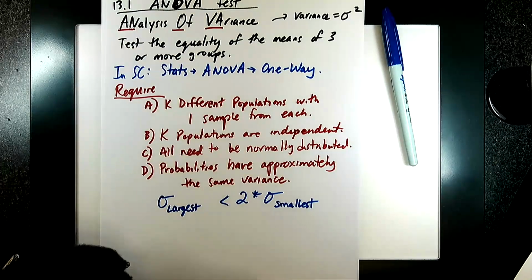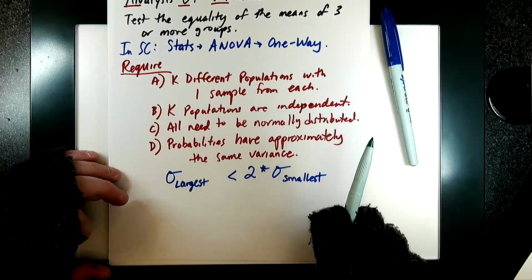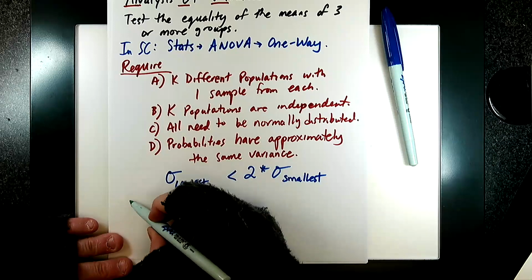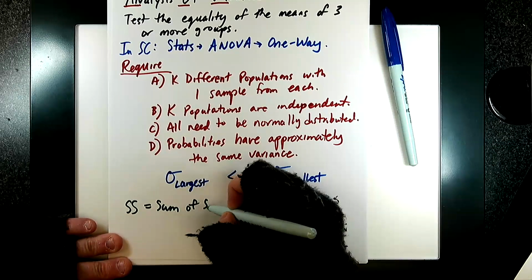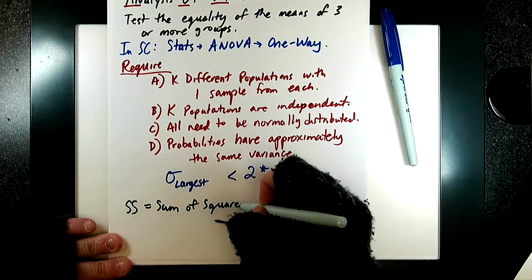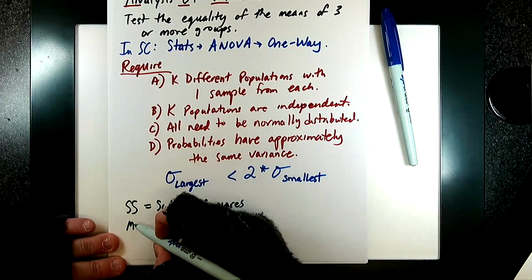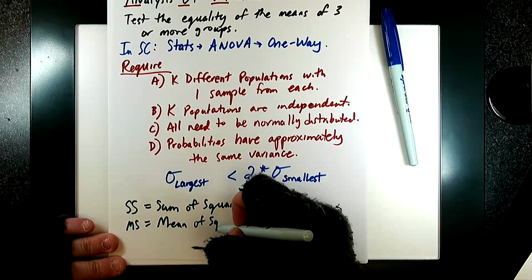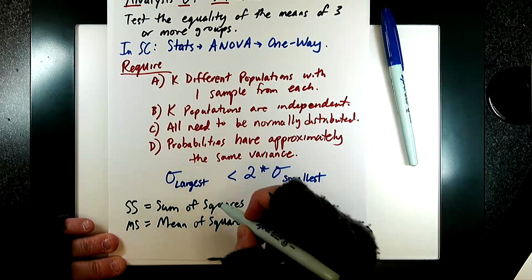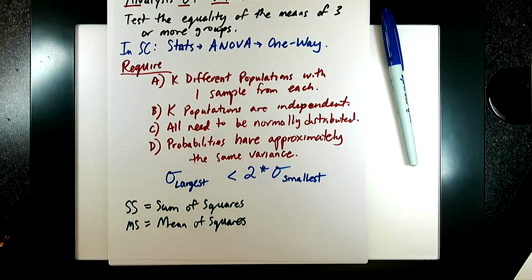If another question pops up and it mentions SS, it means sum of squares, and it should be in the StatCrunch, and MS is mean of squares, which would also be in the StatCrunch. I think I cleared out the one that has it already.